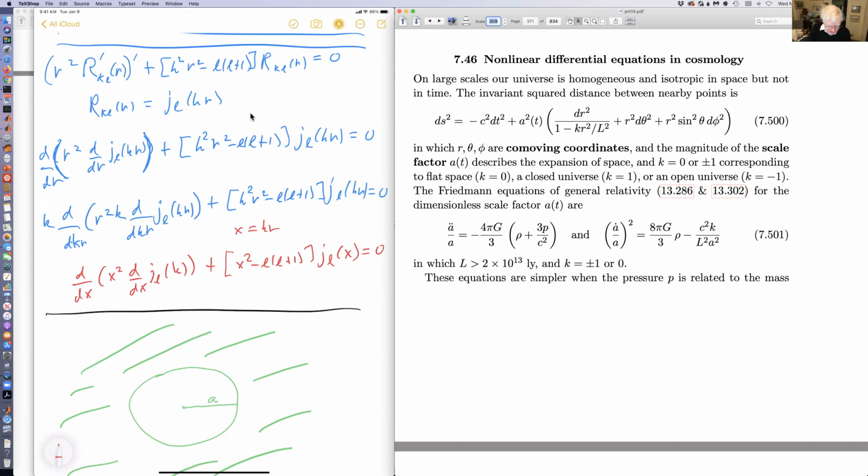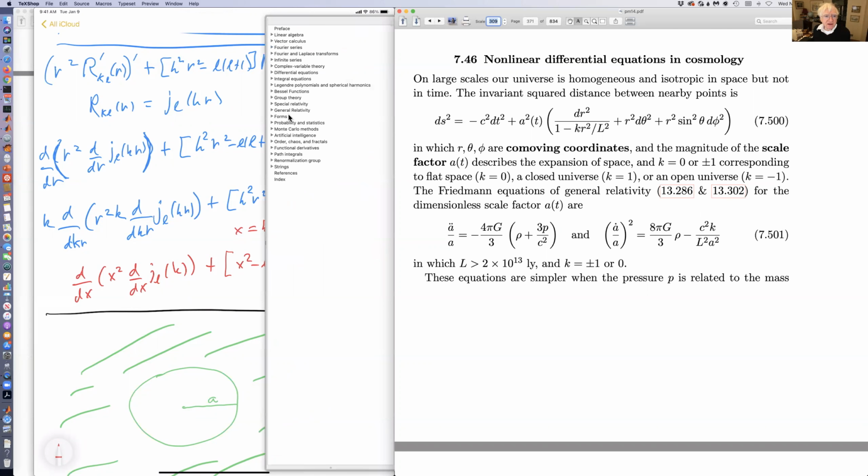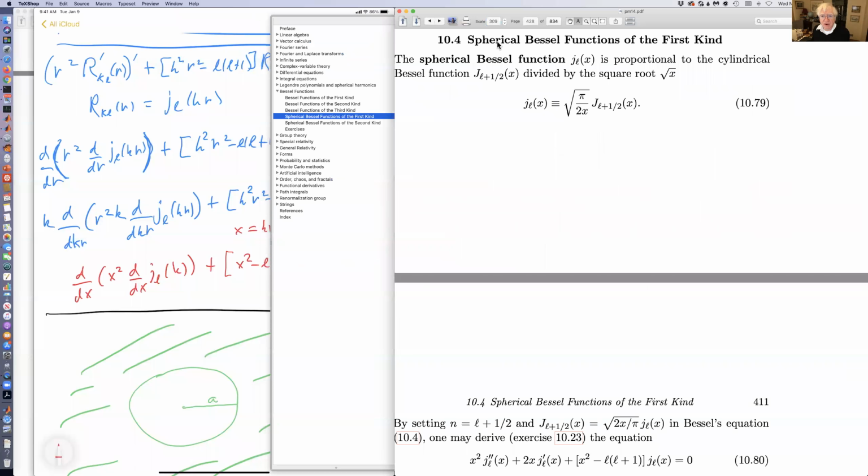Remember, I said to you many times that I rather like spherical Bessel functions because they're so much simpler than cylindrical Bessel functions because of the greater symmetry of spherical coordinates. So to get to the right section here, I'm going to jump down to this part.